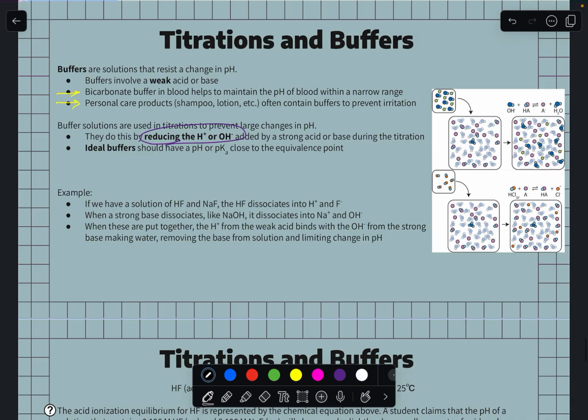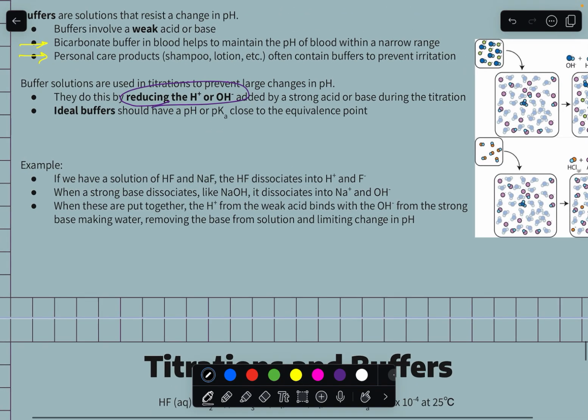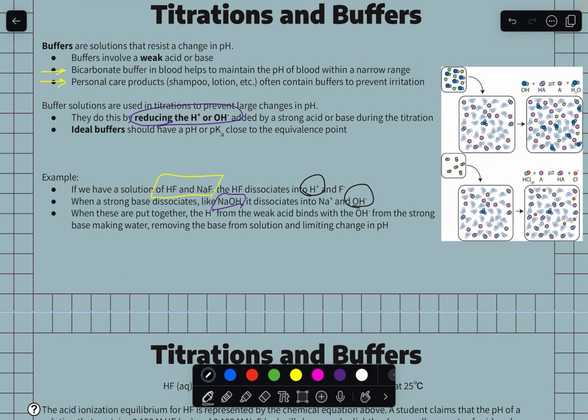Okay, so an example of this is if we have a solution of HF and NaF, the HF dissociates into H plus and F minus. Okay, with a strong base, if you add the OH minus, that H plus reacts with the OH minus, taking it away, so that this here, the HF and NaF, that's our buffer solution. We're adding our strong base, and the basic part is being taken up by the buffer. Right?